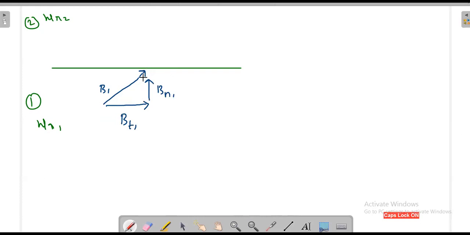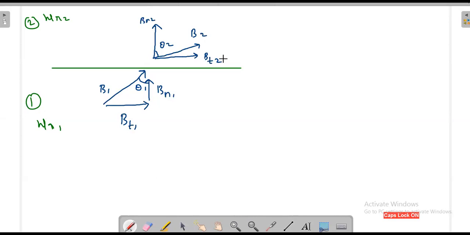It will have some angle, say theta1. In region 2 it will have some other angle, and its value is B2. Definitely it will have some refraction, so that is theta2, and again it will have the tangential component BT2.